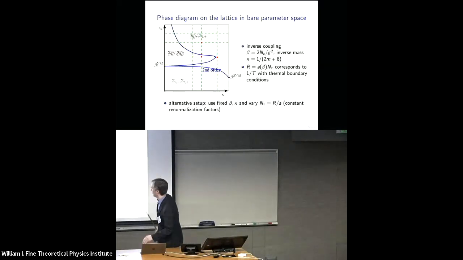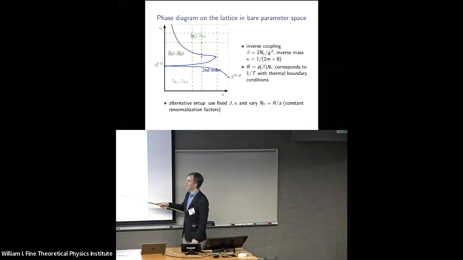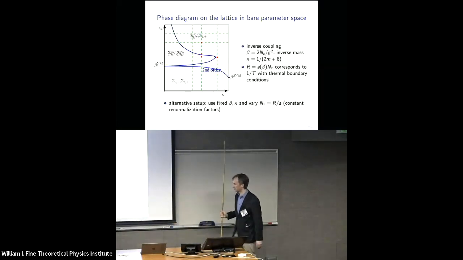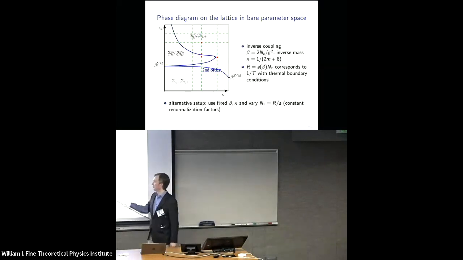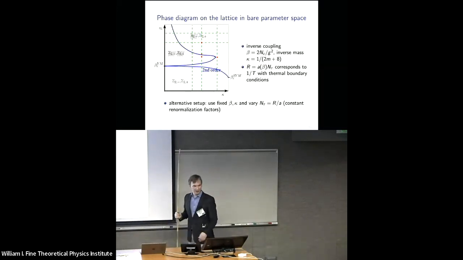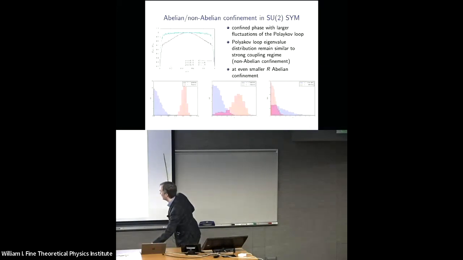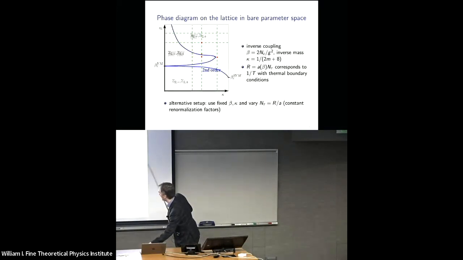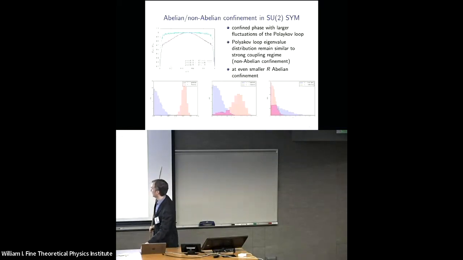So on the lattice we obtain such a phase diagram: at very low masses or high kappa you don't see any phase transition, but at larger masses you see some kind of intermediate phase, which corresponds to an intermediate deconfined phase. This is somewhat different from what is expected for the phase diagram.